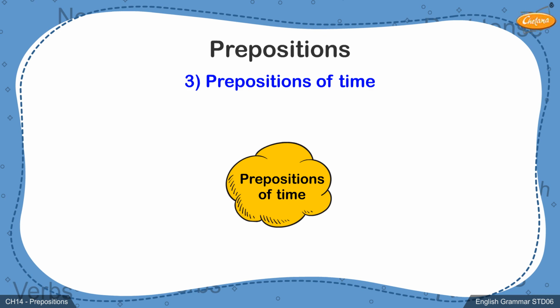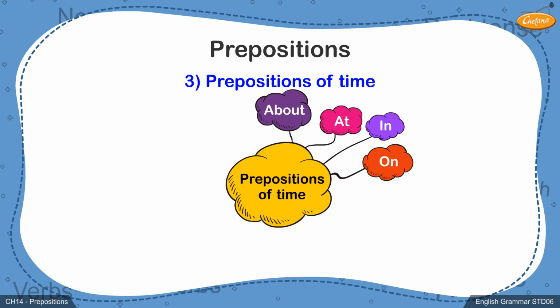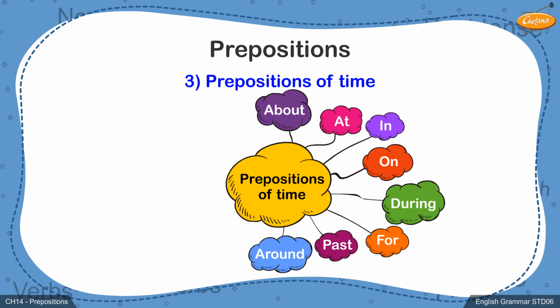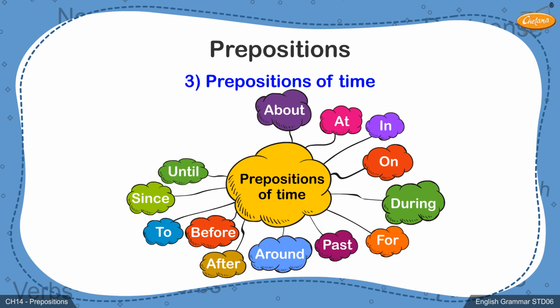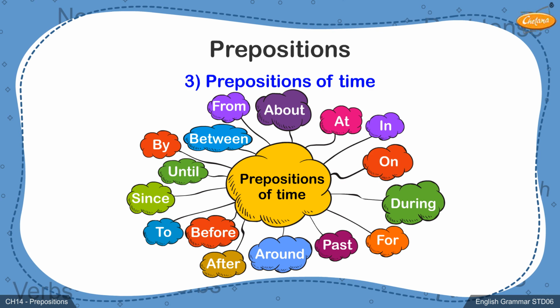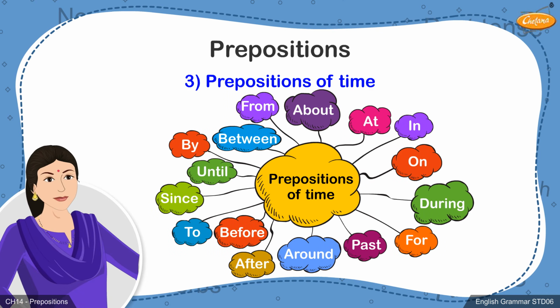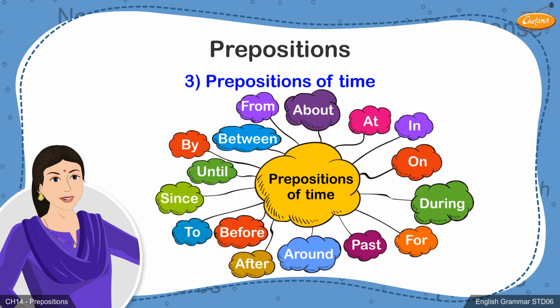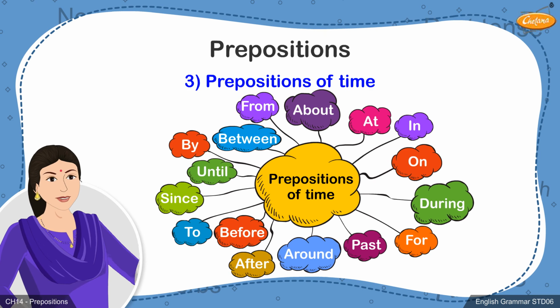The common prepositions of time are about, at, in, on, during, for, past, around, after, before, to, since, until, by, between, from. Let's use some of these prepositions in sentences and understand how they show the relationship between nouns in terms of time.